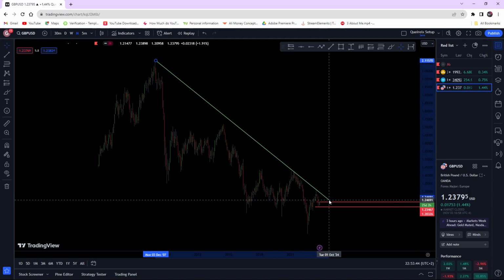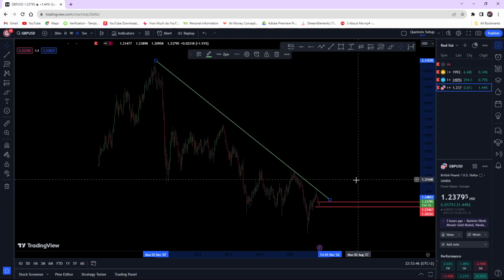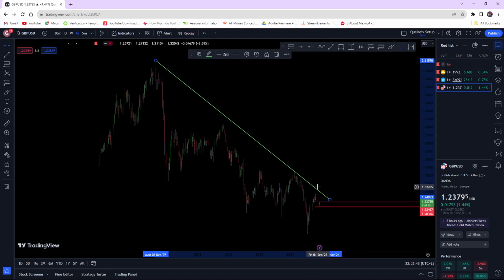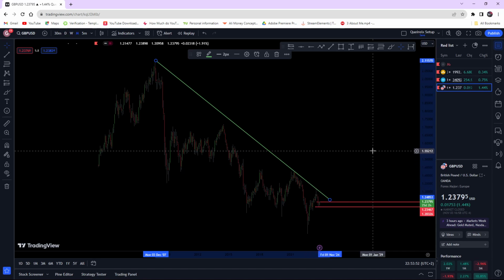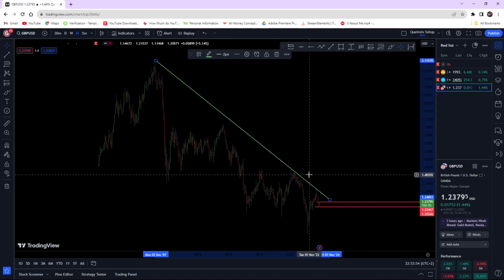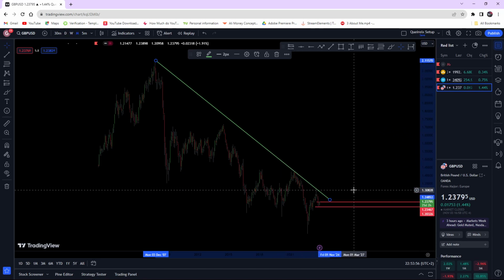We might see the trend line being broken, but that could probably be this time next year or even the following year. We can see the trend line being broken, maybe.